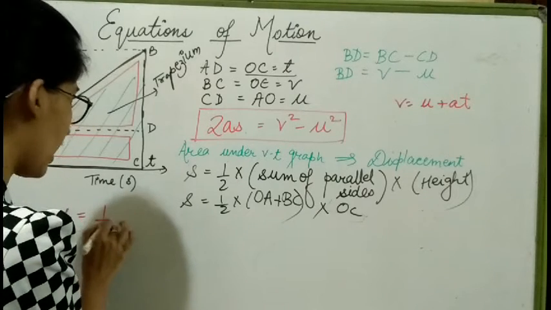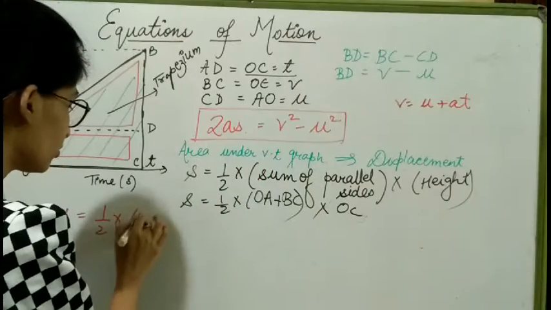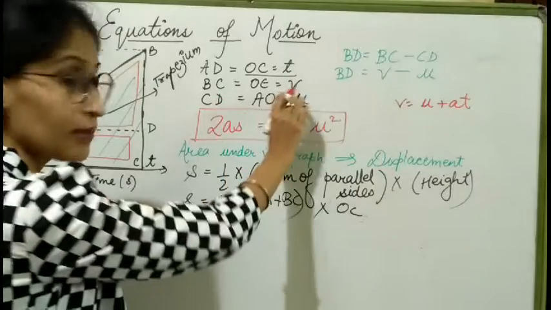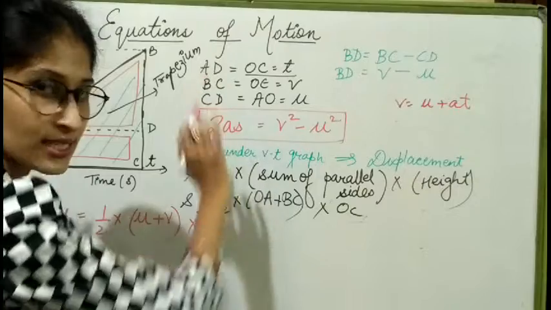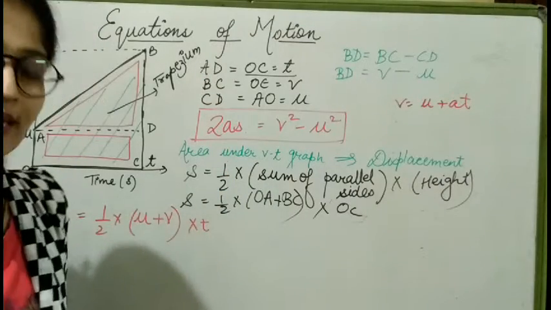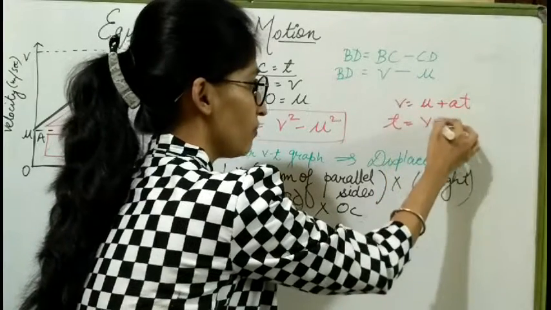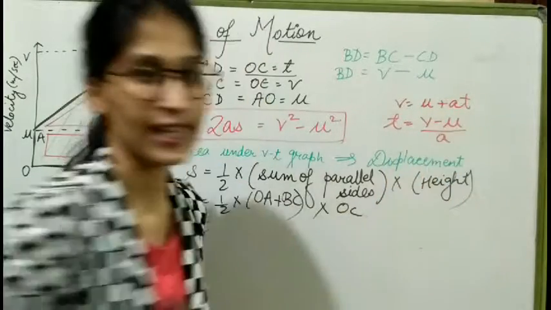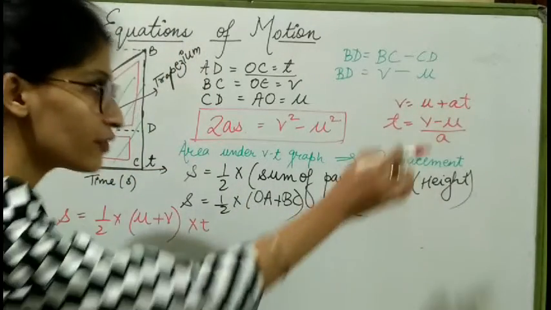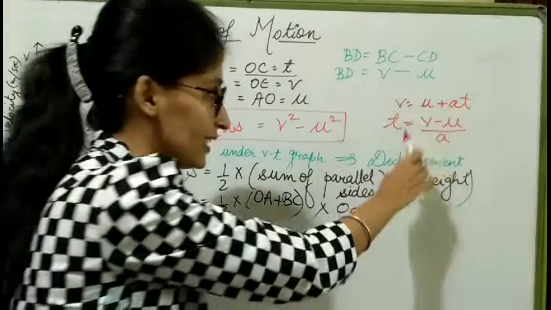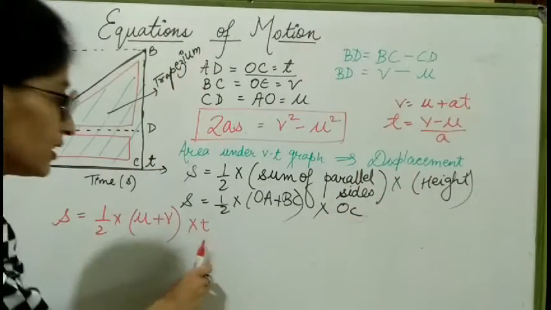Now start filling the values in them. S equals half OA. In the place of OA, I am going to write U, plus BC. BC is V, multiplied by OC. OC is T. Now again from the first equation of motion, I can write T as V minus U upon A, and I am going to put this value of T here.